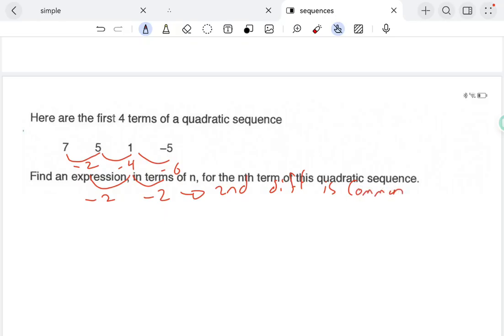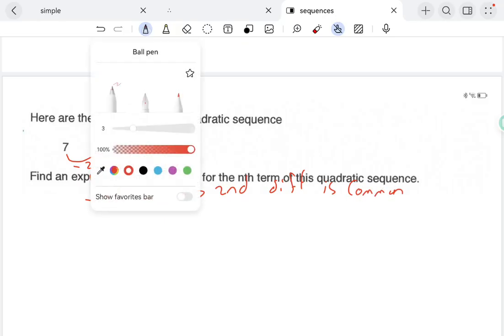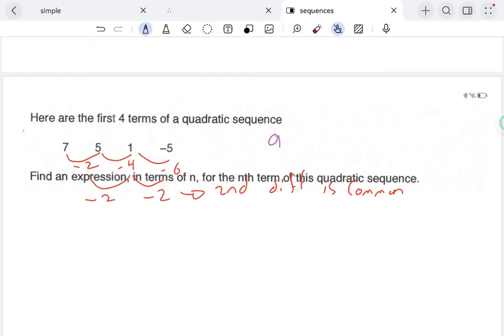So now I get the A. Don't forget, it's an squared plus bn plus c. If I found A and B and C, that's it. So now to get A, it's equal to the second common difference divided by 2.